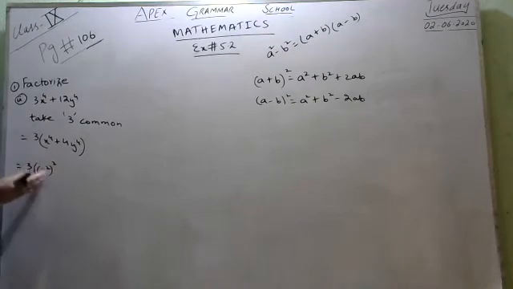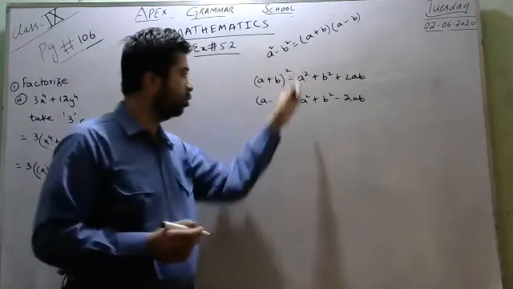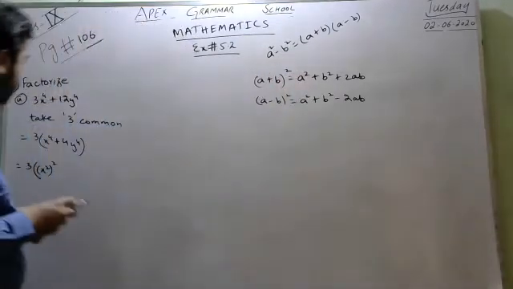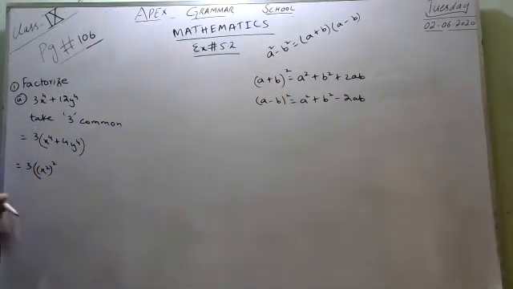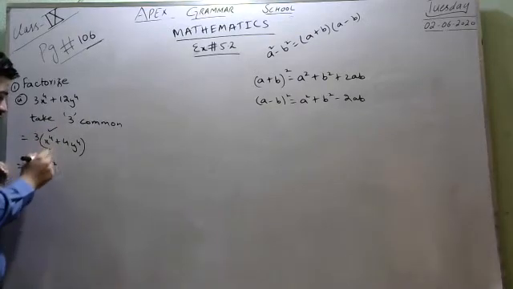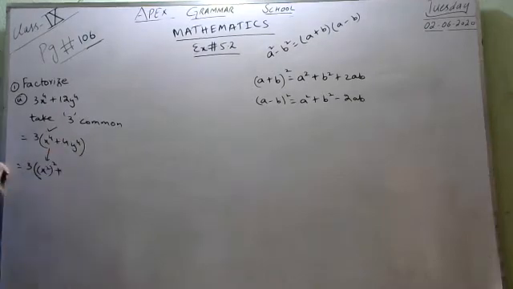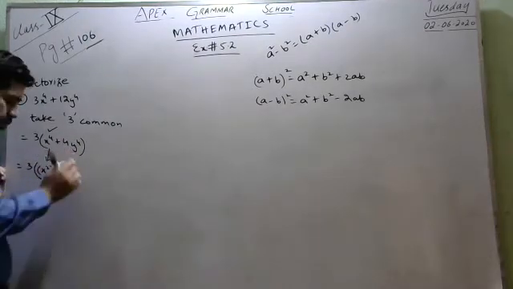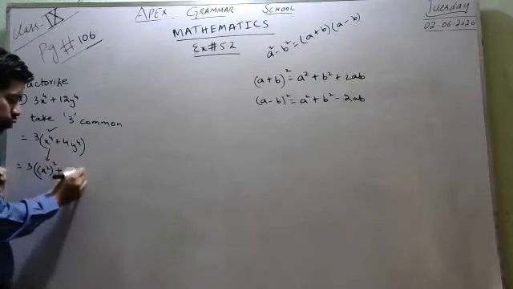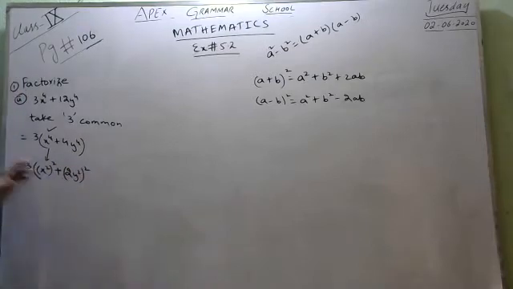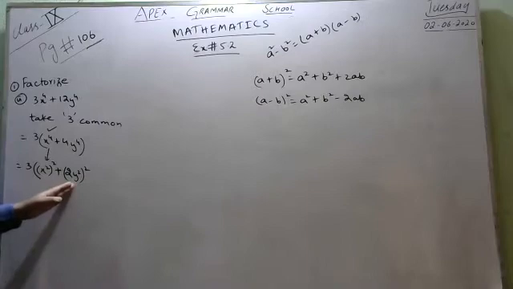This is basically a². After that, we have to find another square with a positive sign. This is plus 4y⁴. This is also a square, (2y²)². This is a² plus b².